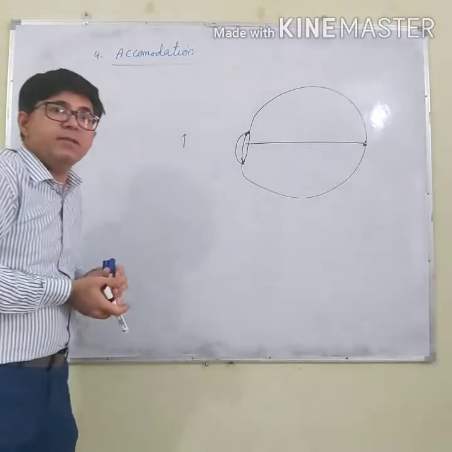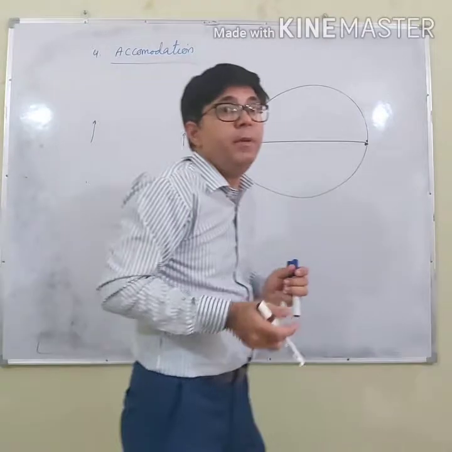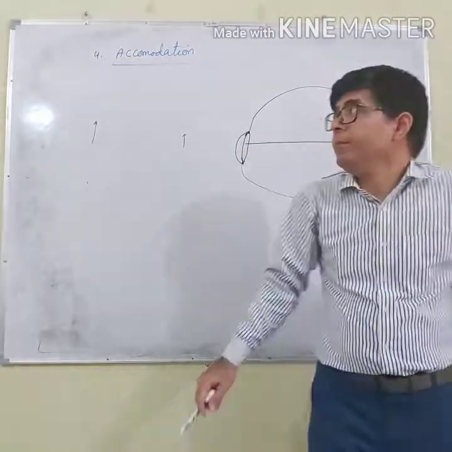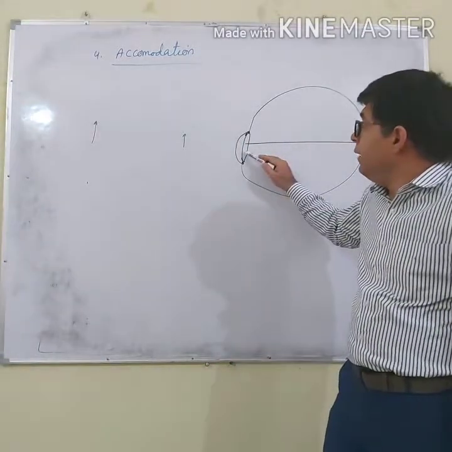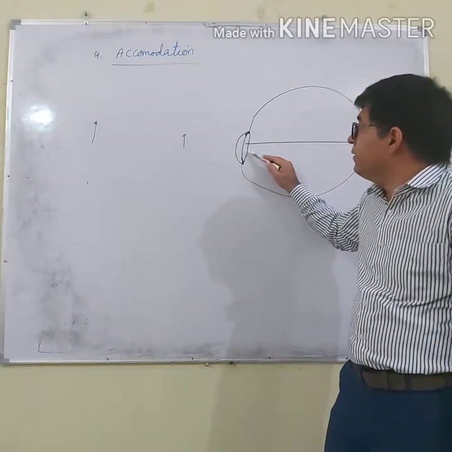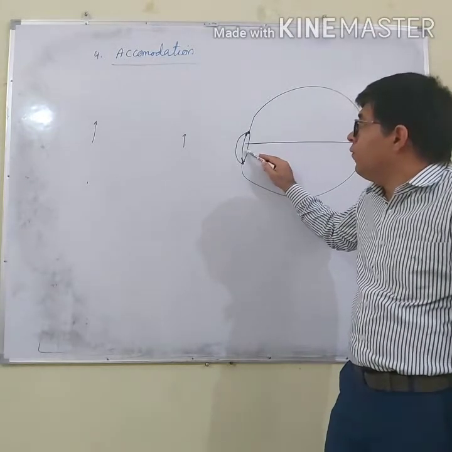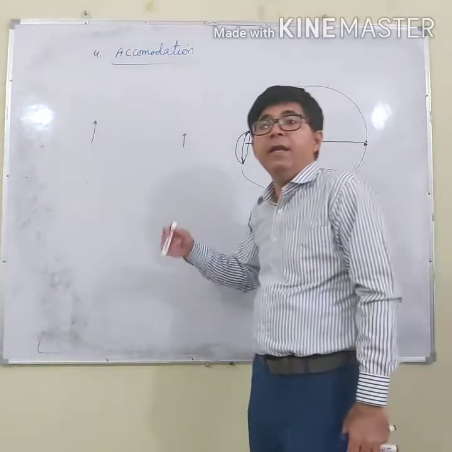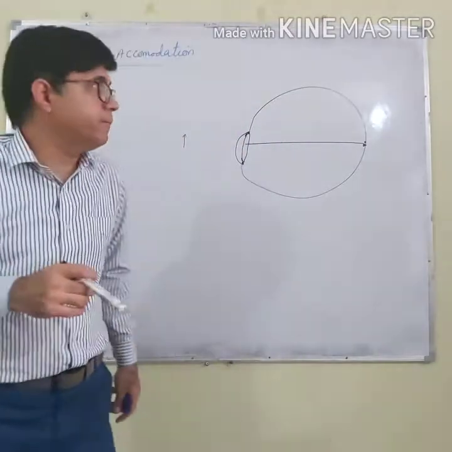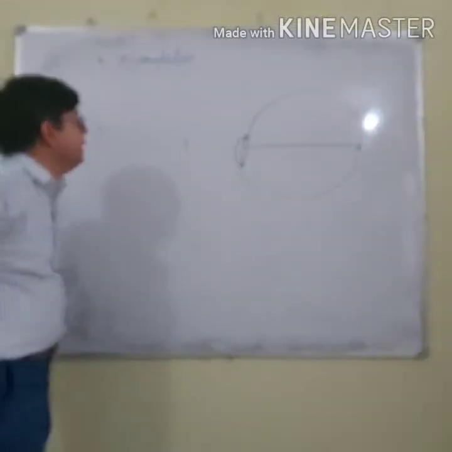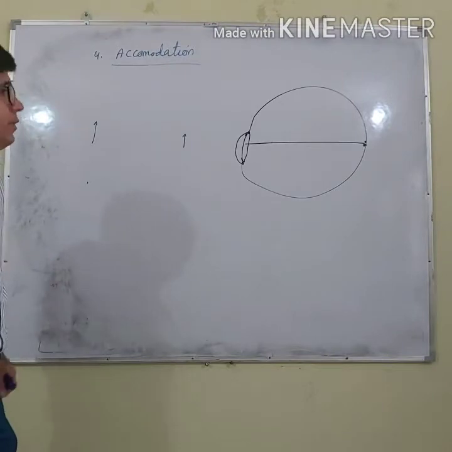So accommodation means the ability of the eye lens to see far away objects and nearby objects clearly.